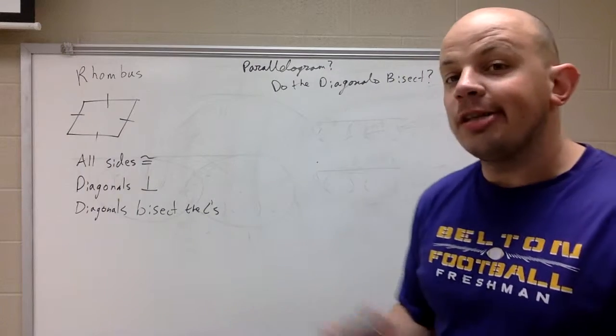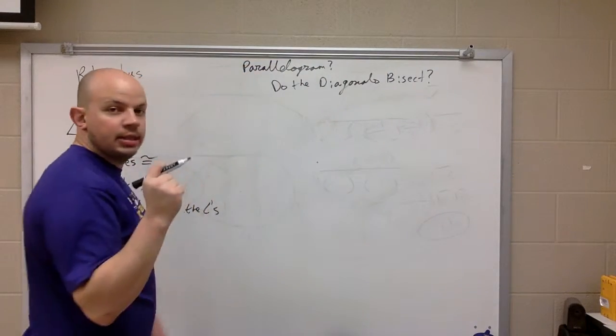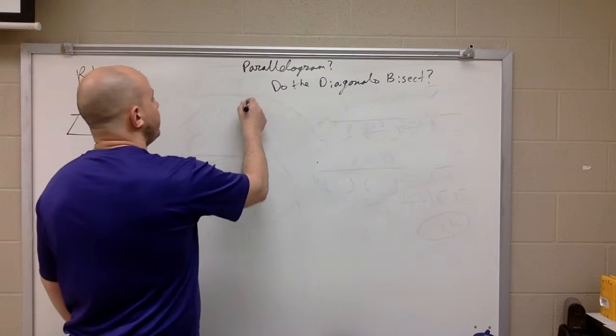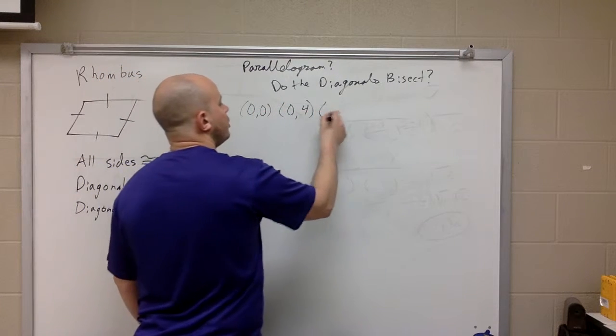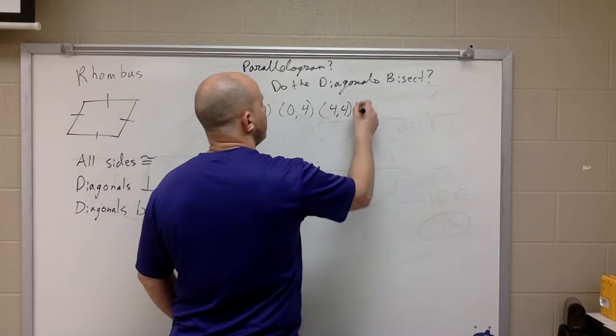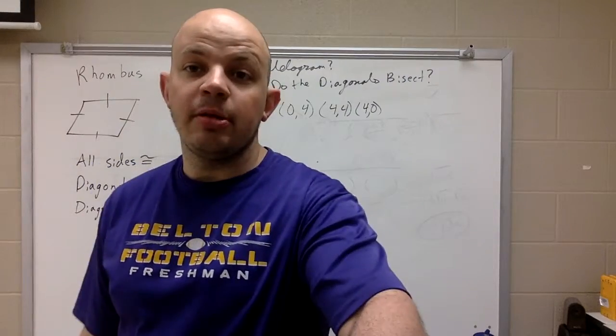Yes, they do actually. They bisect each other. All right, cool. So the diagonals bisect. Yes. All right, now, remember the one we did before? Like, 0, 0, 0, 4, 4, 4, or 4, 0. This one here. Let's check if this happens to be a rhombus.